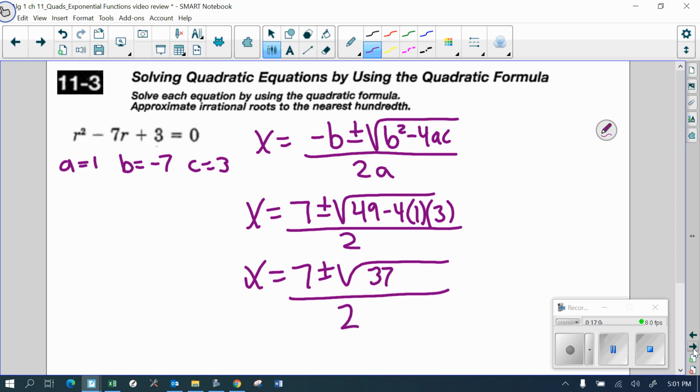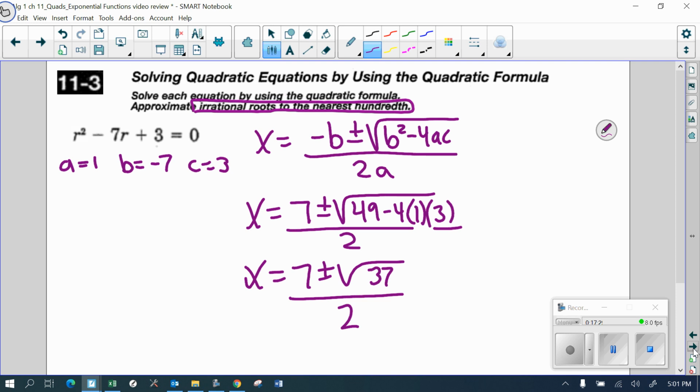Those are the two exact answers. The square root of 37 doesn't break down more. If it broke down more, I would need to simplify it, but there is no perfect square that goes into 37. So that's the exact answer. Solve each equation by using the quadratic formula. Approximate the irrational roots to the nearest hundredth. Now, an irrational number means a number that's written as a radical and is not a perfect square.